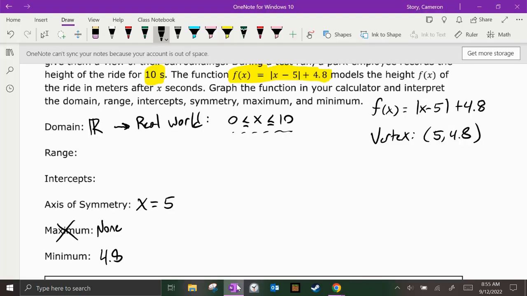Normally we would say y is greater than or equal to 4.8, but in the real world the roller coaster does not go up forever. So we have to consider only x between 0 and 10. If we consider that, then y has got to be between 4.8 and 9.8.